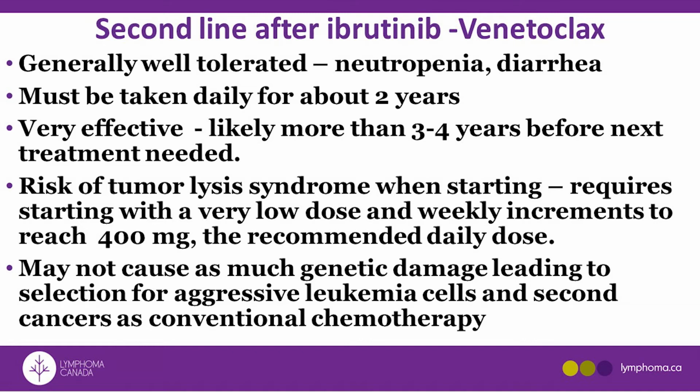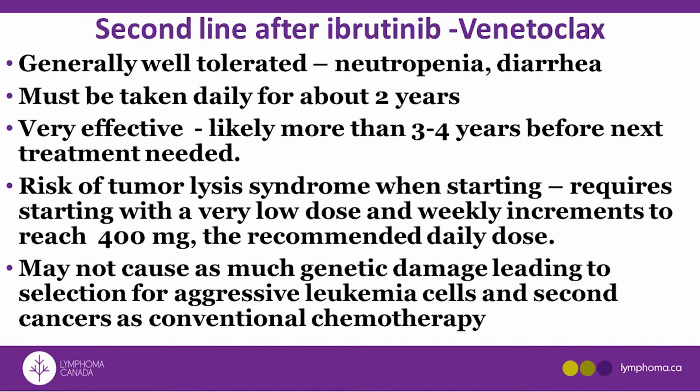One unusual aspect of using venetoclax that's different than some of the other drugs is that if you have a lot of CLL cells around at the time you start venetoclax, as we showed, venetoclax is really downstream of the cell death signaling pathway. So you can kill a lot of CLL cells at once, and if you kill too many CLL cells at once, they release their intracellular contents into the peripheral blood, and that can plug up kidneys and cause gout.